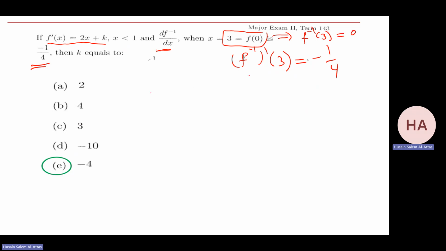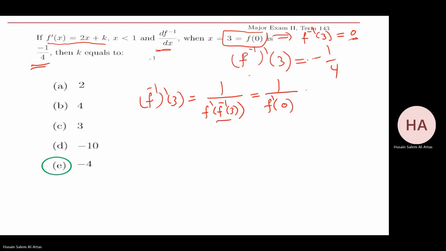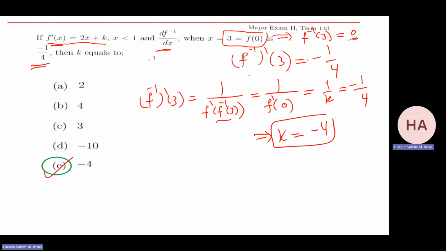Now this one, f inverse prime at 3 will be equal to what? 1 over f prime at f inverse of 3, which is equal to 1 over f prime. f inverse of 3 is what? 0. And I have f prime at 0 will be what? 1 over k. And that equals minus 1 over 4. So it will be k minus.